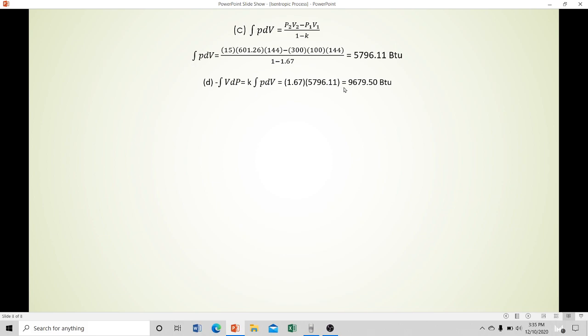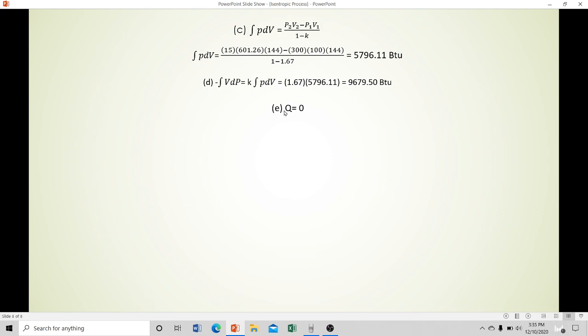So we can get the steady flow work. The value of the steady flow work is 9679.50 BTU.